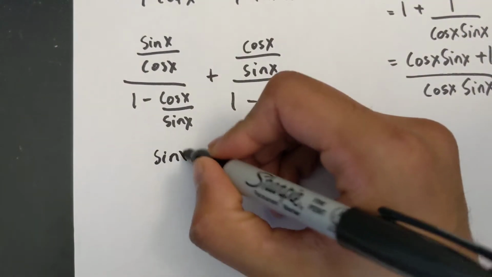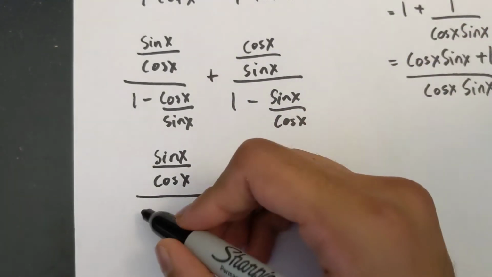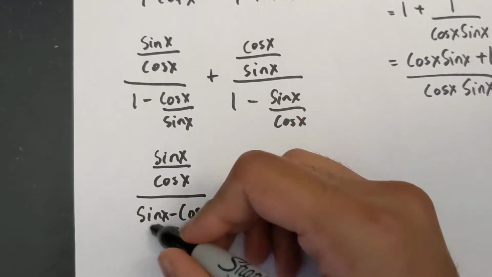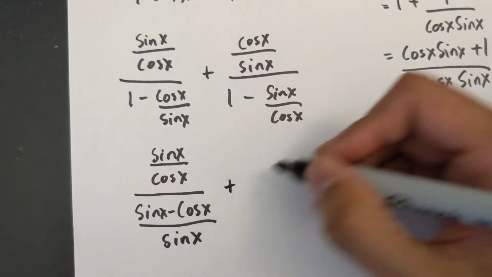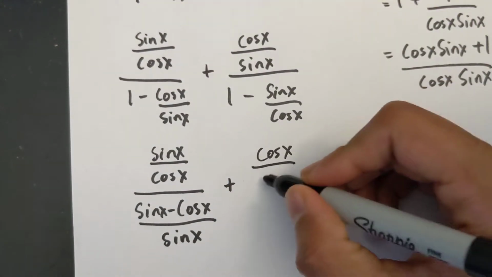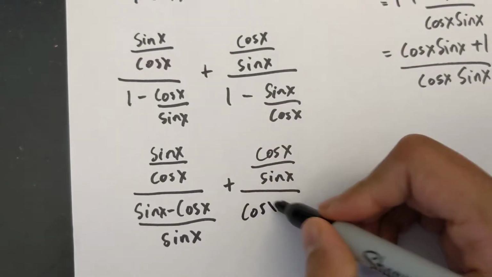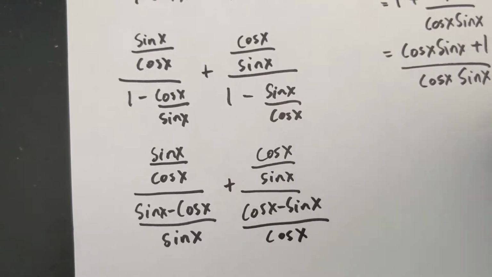So top stays the same, sine x over cos x. The bottom is now sine x minus cos x over sine x. So made my common denominator there. And I'm going to do the same for this bottom. So cos x over sine x over cos x minus sine x over cos x.